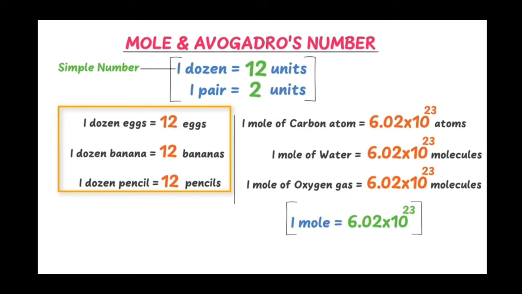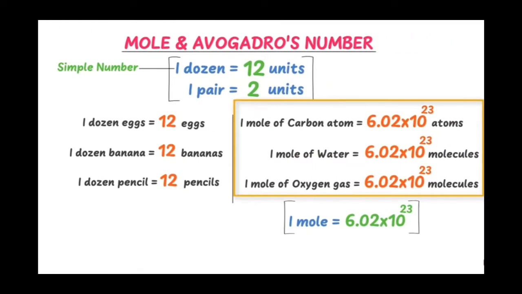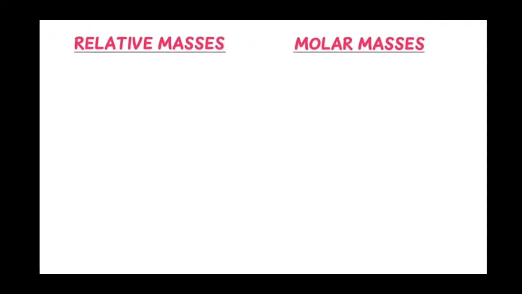Once again, as 1 dozen is a simple number which is equal to 12 units of anything, similarly, 1 mole is also a simple number which is equal to 6.02 into 10 to the power 23 atoms or molecules.